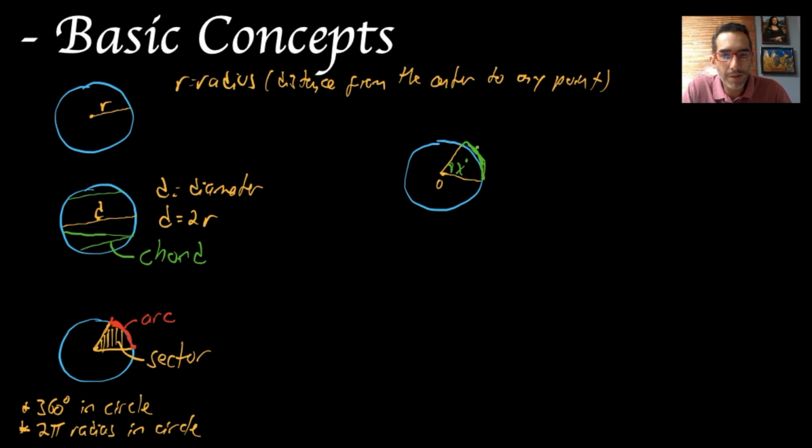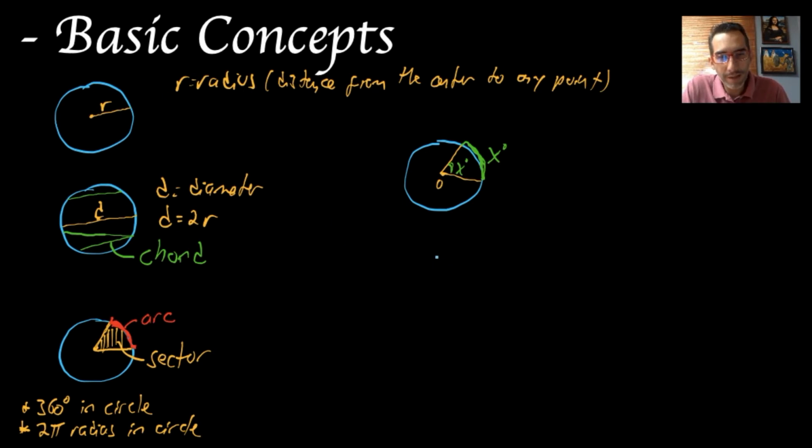So when the sector has its vertex on the very center of the circle, the angle formed by those two radii will be equal to the measure of the arc that it defines. If this is x, this will be x.